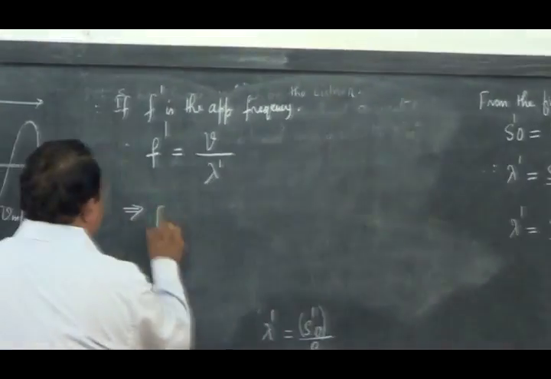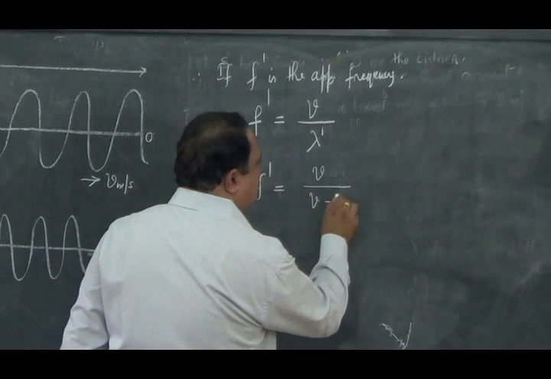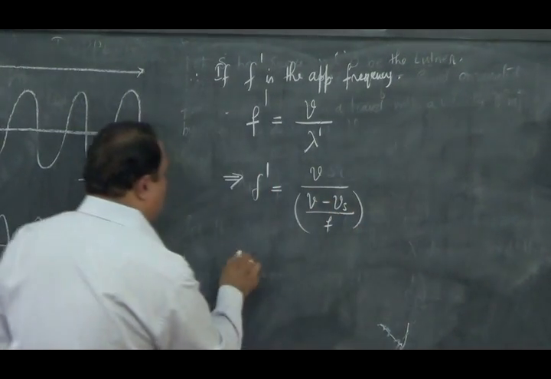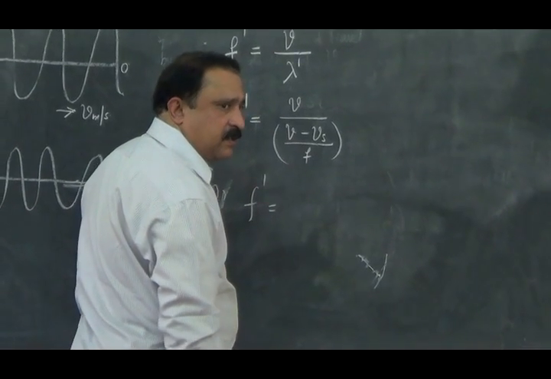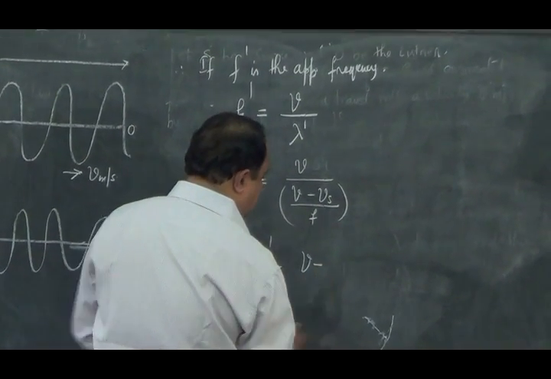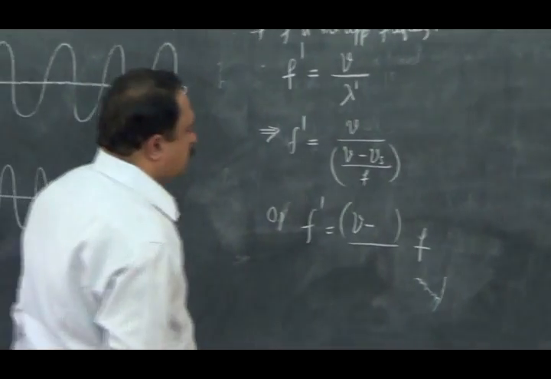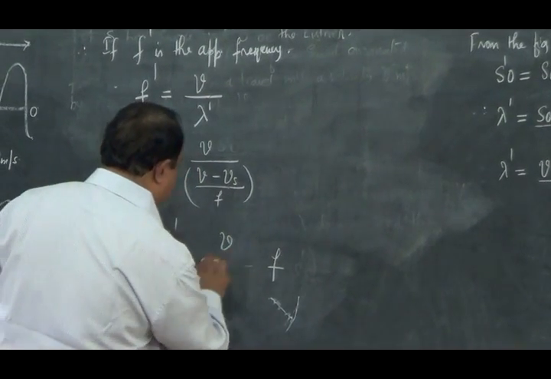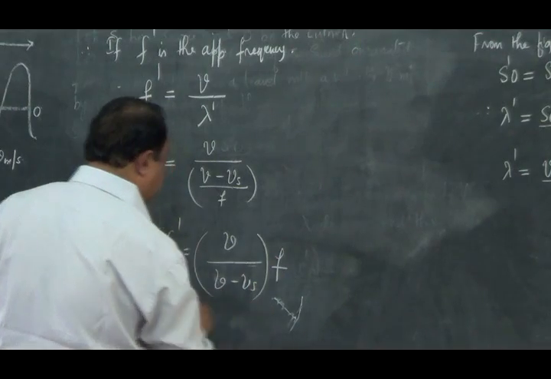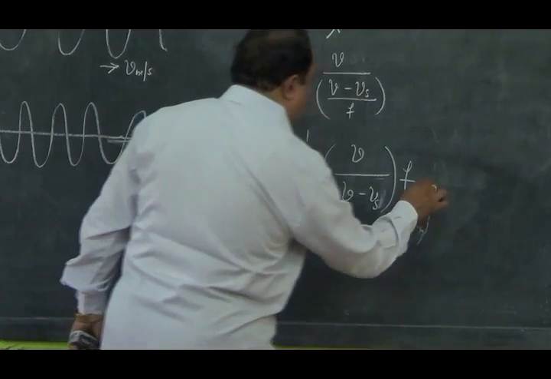So f dash equals v divided by lambda dash, that is v divided by (v minus vs) by f, or f dash equals v by v minus vs, times f. So many hertz.